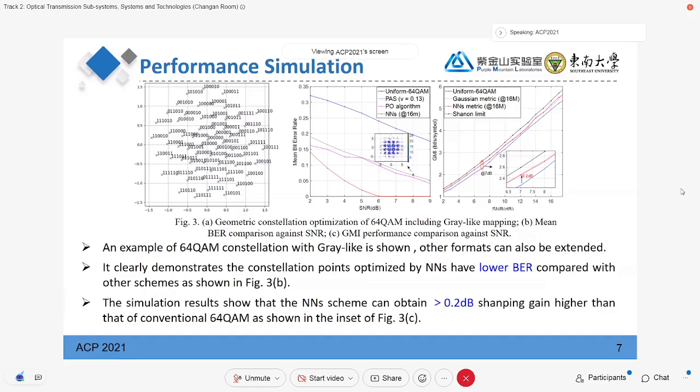We can see from the simulation results that the neural networks scheme can obtain up to 0.2 dB training gains, higher than that of conventional setting for QAM, as shown in the inset of Figure 3c. We show the result obtained when both the locations and grid-like mapping of the constellation points are optimized.